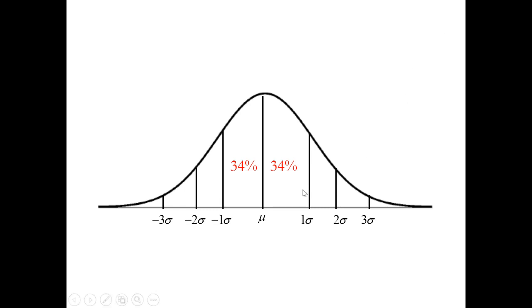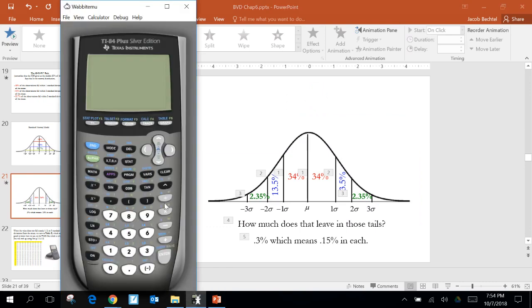If I ask what proportion of the population would be represented from 1 standard deviation below the mean all the way to the mean, it would be 34%. That's what I expect. Now, going on from there, I'd use my 95% rule. Let's see how that would work. So we have our 95.